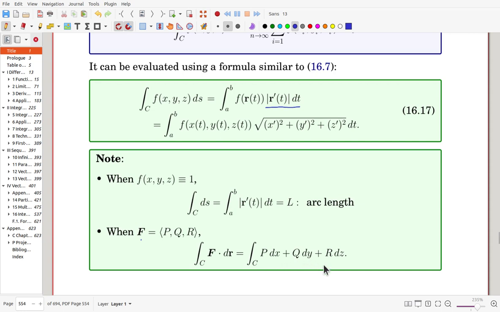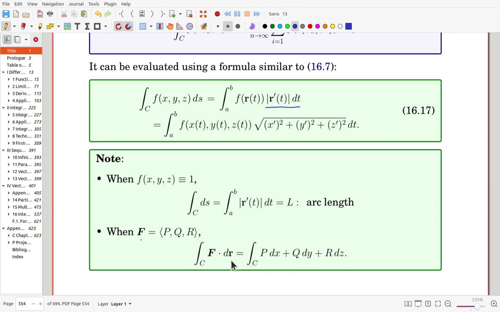Of course, the integration is along the curve. However, we consider only the change in the x direction, the change in the y direction, the change in the z direction. Along with those variables, we can get line integrals, and these line integrals occur together. Then we may write it in this way.